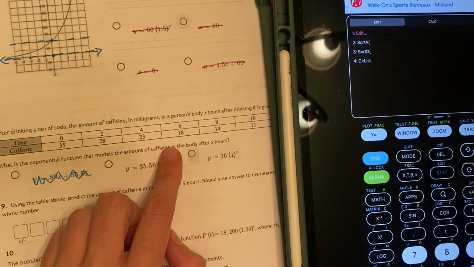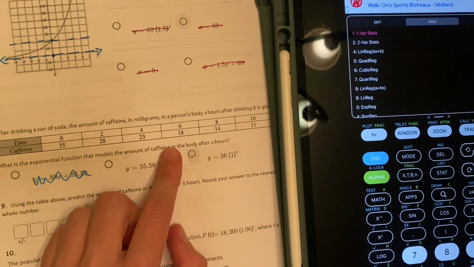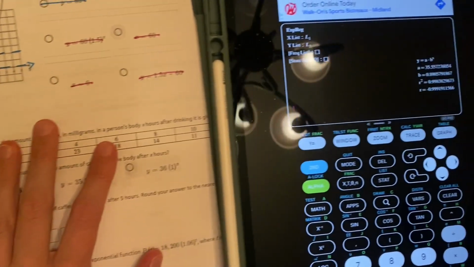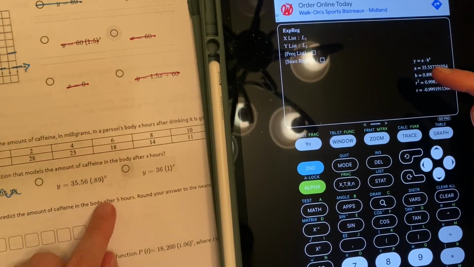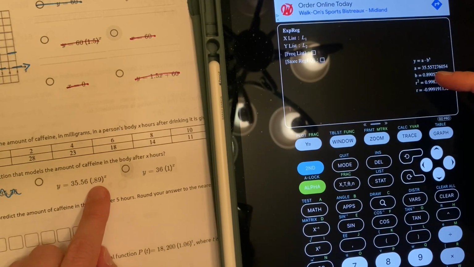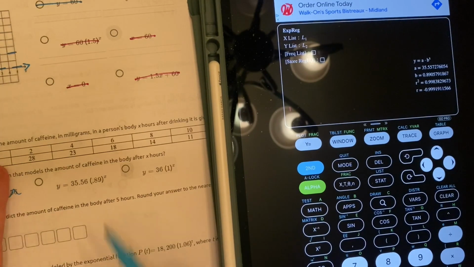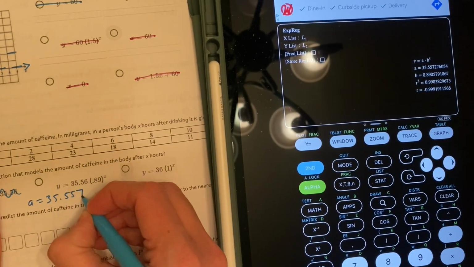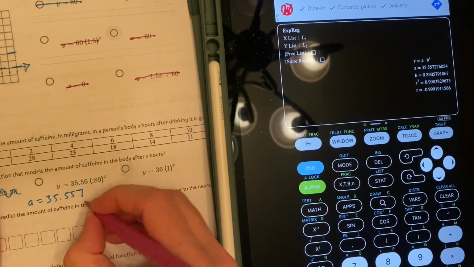Then you hit stat calc 0, not 4, 0. Stat calc 0. Again, mine will look a little different than yours, okay? And it says A equals 35.557, okay?